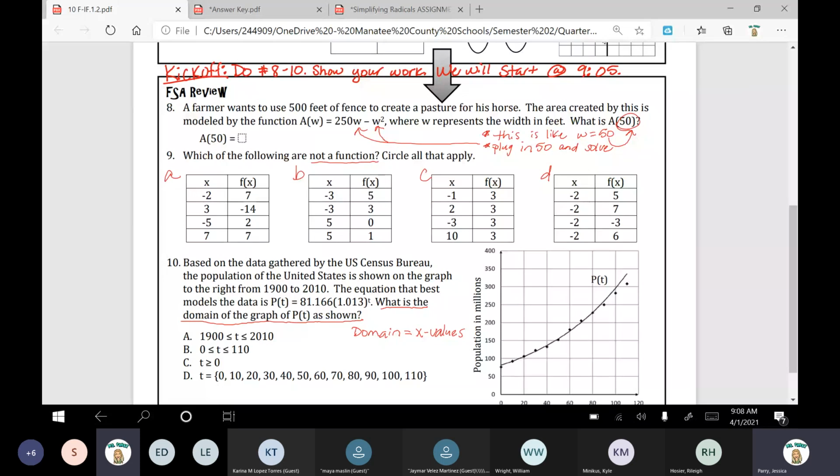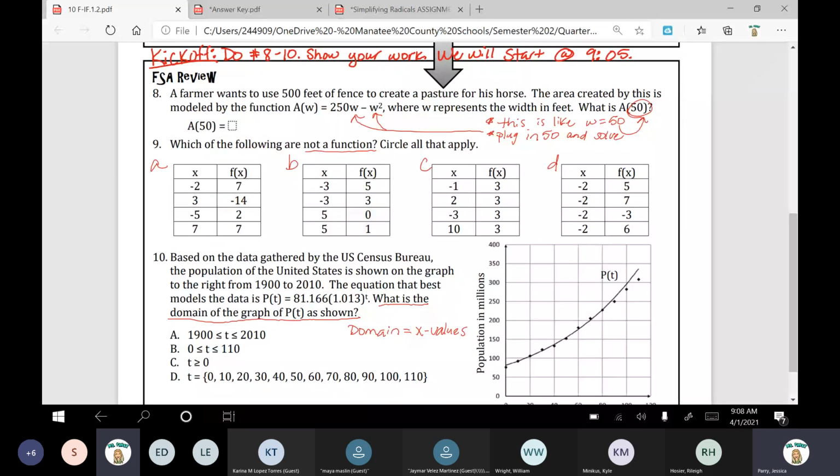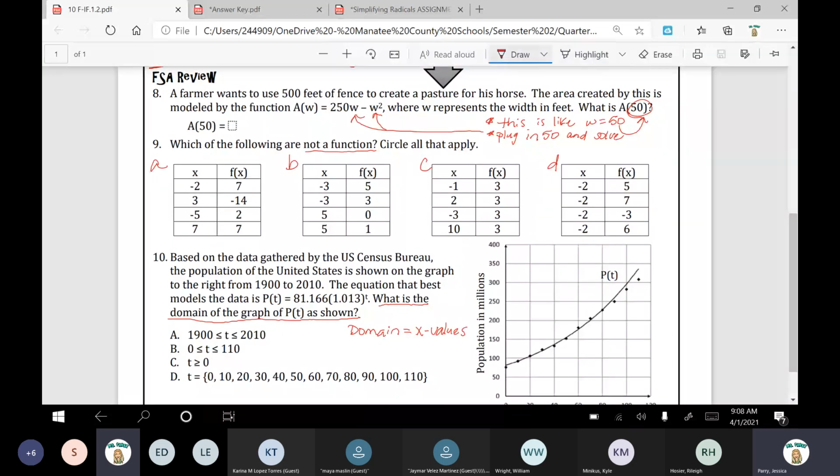Number 9, it says, which of the following are not a function? Circle all that apply. In order for it to be a function, that means the x's do not repeat. So for number 9, all you're doing is looking at all of your x values. You don't even look at the other column.